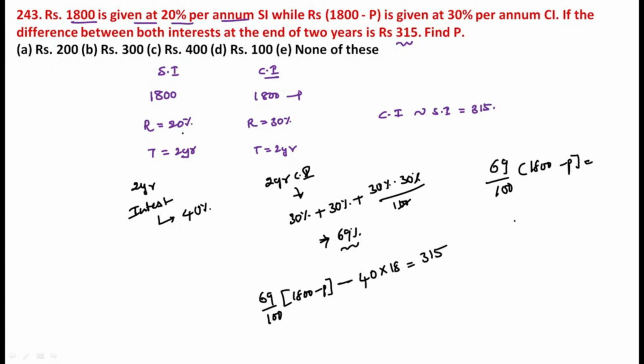Now you already know that that is 1035. So 69 by 100 into 1800 minus P is equal to 1035. Now you can cancel. 69 ones are 69, 69 fifteens are 1035. You already know that it exactly cancels. Now 1800 minus P is equal to 1500. Now you can get that the P value is 300.